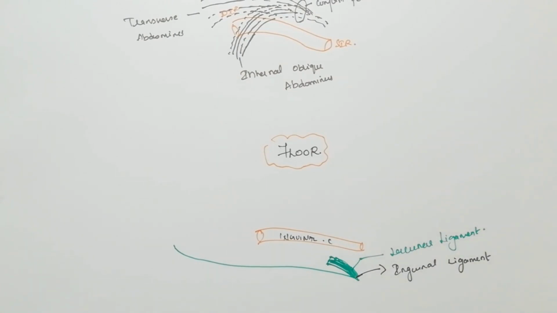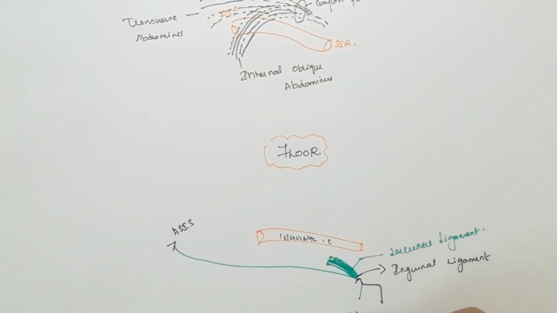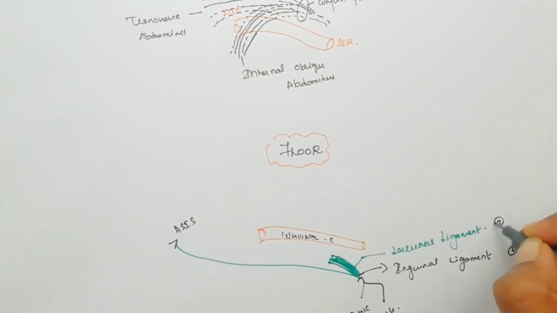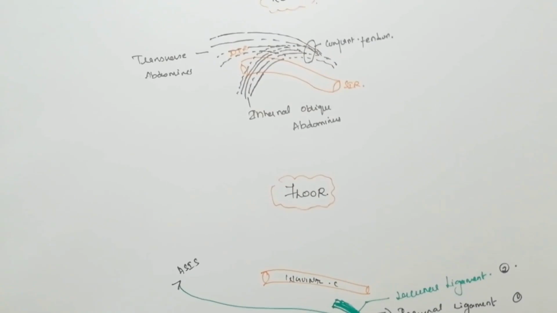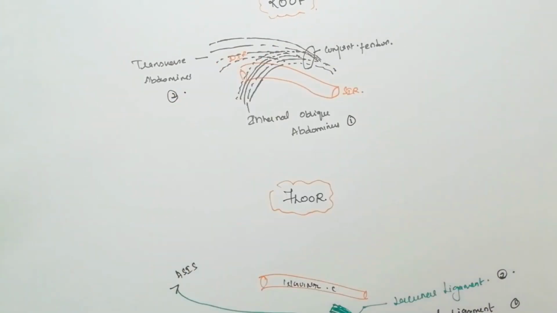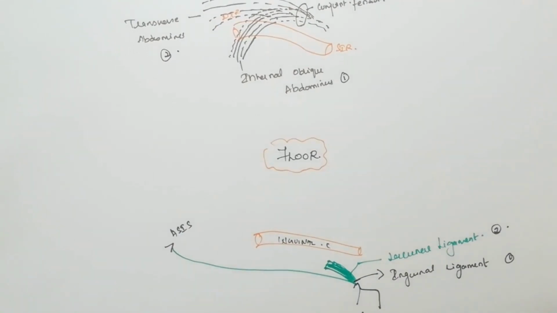The inguinal ligament is the ligament extending from the anterior superior iliac spine to the pubic tubercle. So the floor is contributed by the inguinal ligament and the lacunar ligament, and the roof is contributed by the internal oblique abdominis and transverse abdominis muscle. This is how we have got the other two boundaries, roof and floor, placed.